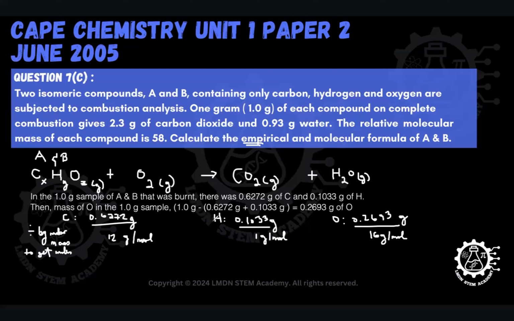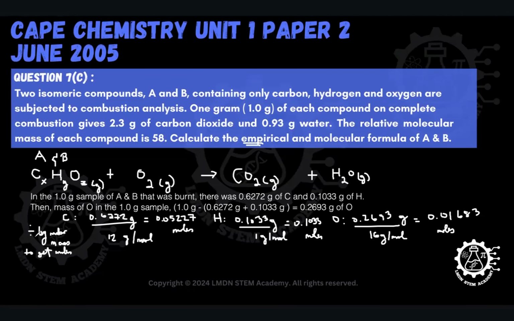When we do that, we're going to get moles of carbon to be 0.05227 moles. For hydrogen, this is going to come out to 0.1033 moles. And for oxygen, this is going to come out to 0.01683 moles.